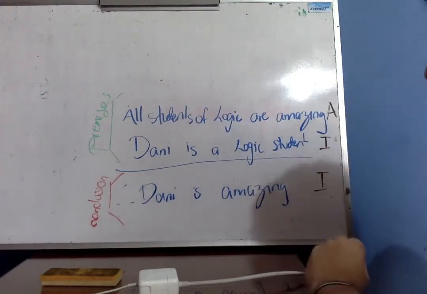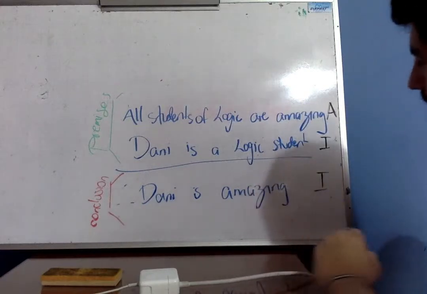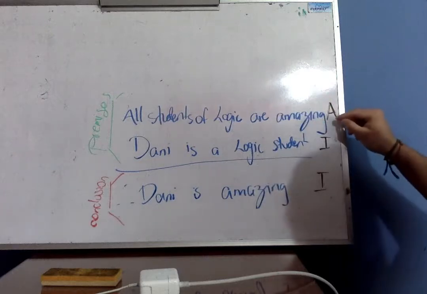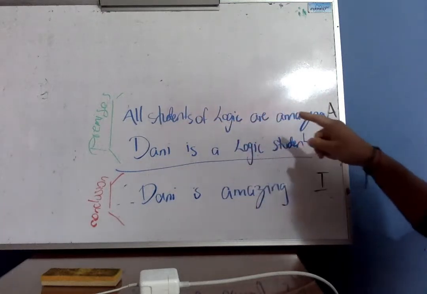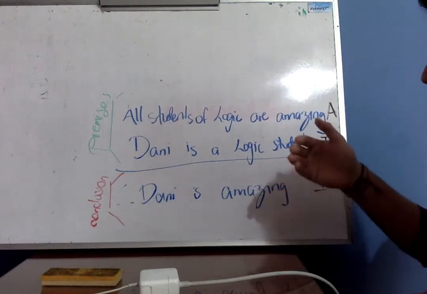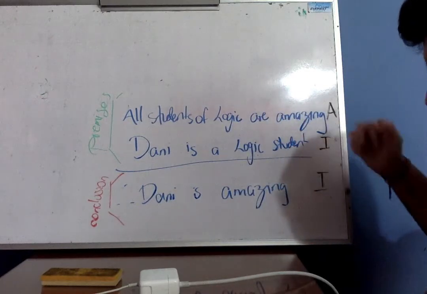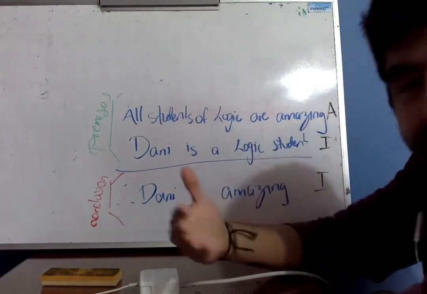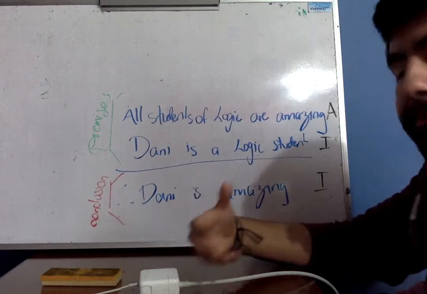Now, how can we identify a deductive argument with this? Please notice that the first proposition is universal: all the students of logic are amazing. Then the following propositions are going to be particulars. Danny is a logic student. Therefore, necessarily, Danny must be amazing.